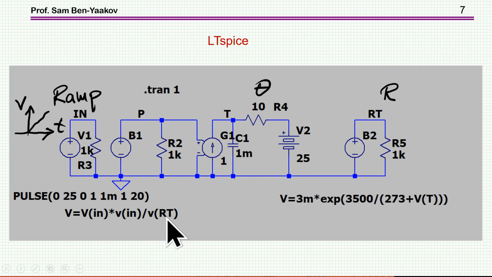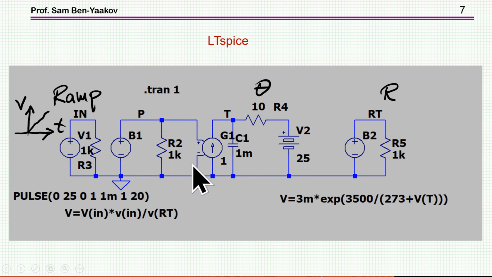Now, this voltage, which represents the resistance, is calculated by this behavioral source through the equations that I showed before. This is the constant, this is B, and this is Kelvin, and I'm going to express temperature in centigrade, so this is 273 plus Celsius. So here is then power, going here. That is, the voltage of this point represents the power.